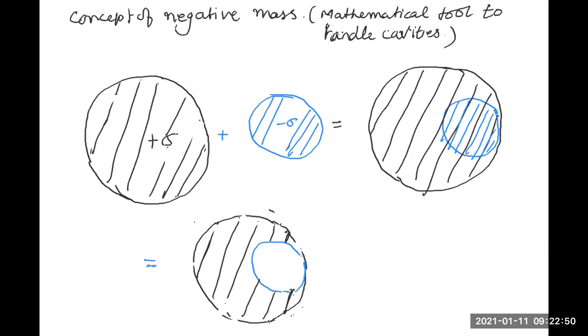This solid object with positive mass density is combined with another solid object of negative mass density, and the object with negative mass density exists only in the region of the cavity.